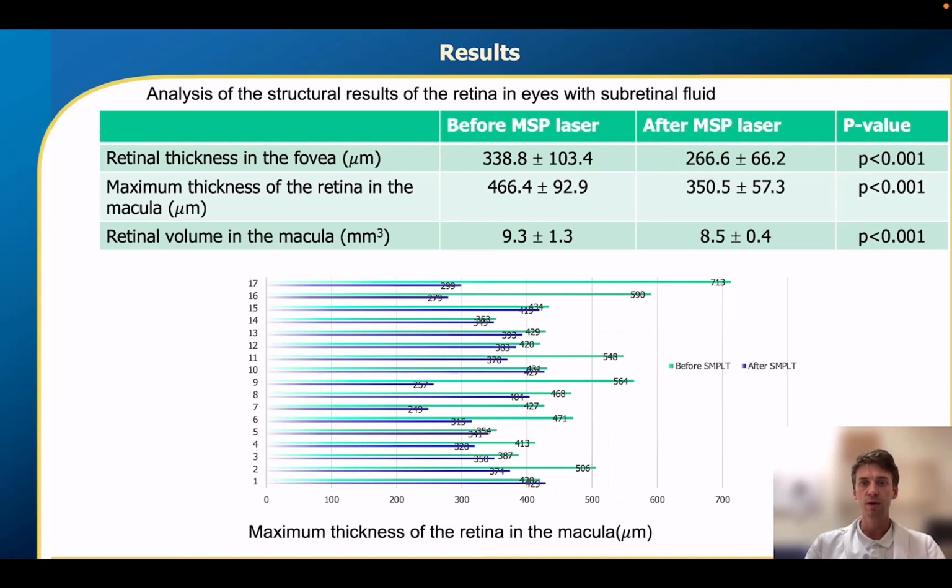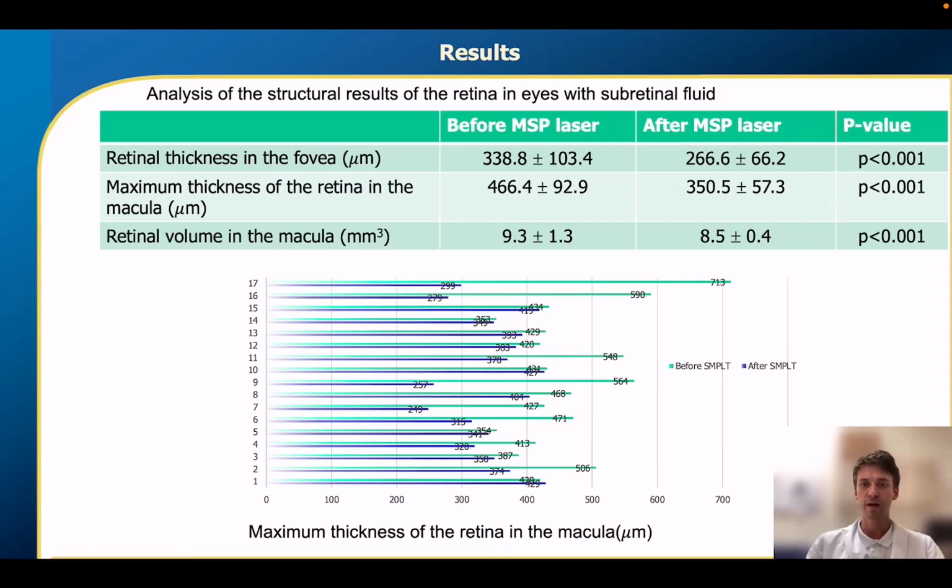A similar situation occurred in the group of patients with subretinal fluid, because after laser therapy, each tested parameter improved. It is worth noting that in this group, the initial thickness of the retina in the fovea was significantly lower than in the intraretinal fluid group, but in the case of maximum retinal thickness in the macula, no differences were found between the groups.